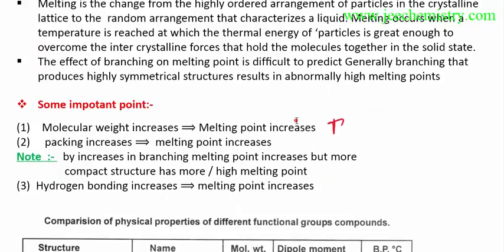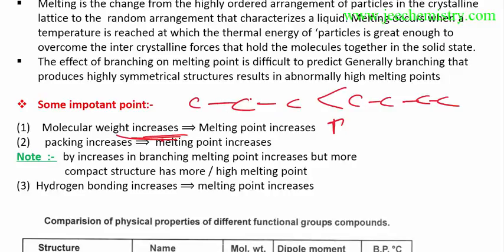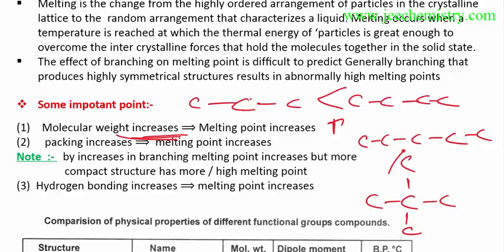Similarly, as molecular weight increases, the melting point increases. Suppose 3 carbon is here and 4 carbon is here. So this has a higher melting point than this. But for better packing, if such compounds, if 1, 2, 3, 4, 5 is there and 1, 2, 3, 4, 5, between these two compounds, this has a higher melting point.